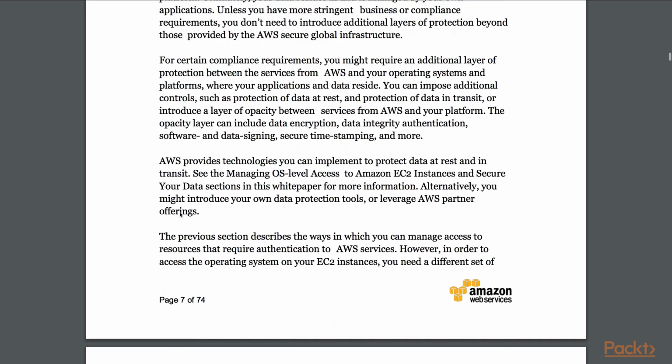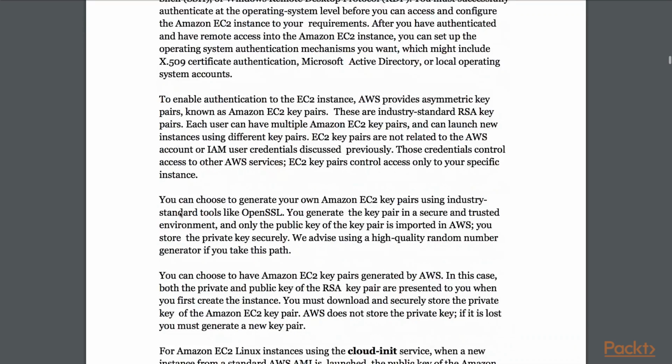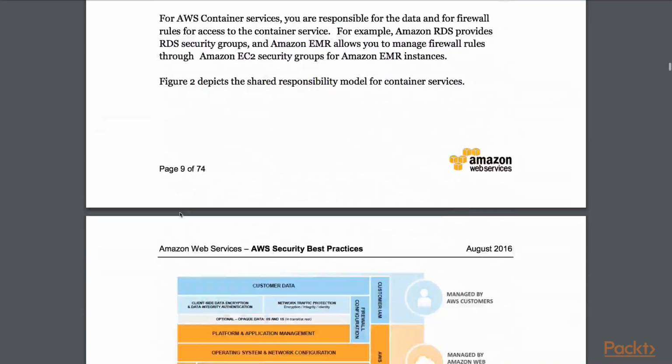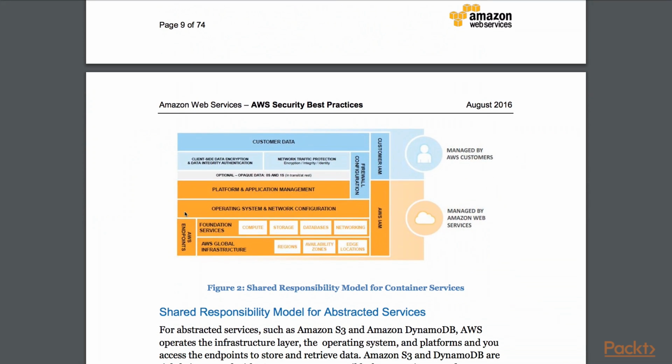When we talk about containers and the responsibility model that we share with AWS for container services, we can see that the operating system and network configuration is going to be managed by AWS. The rest of them are the same: foundation services, global infrastructure, and AWS endpoints, but you also get platform and application management.